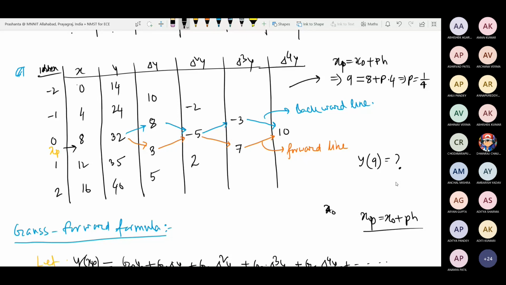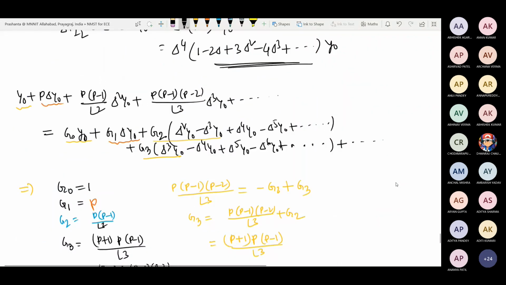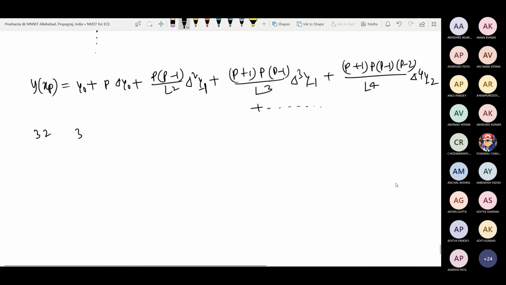So now you take the values along the forward line and you tell me. So let me write down the values along the forward line. 32, 3, minus 5, 7, 10. This was Y naught, this was delta Y naught, del square Y minus 1, del cube Y minus 1, this was del 4 Y minus 2.